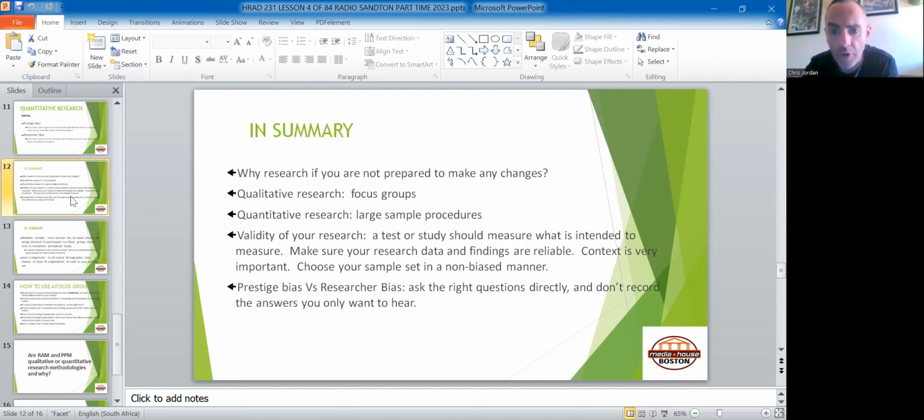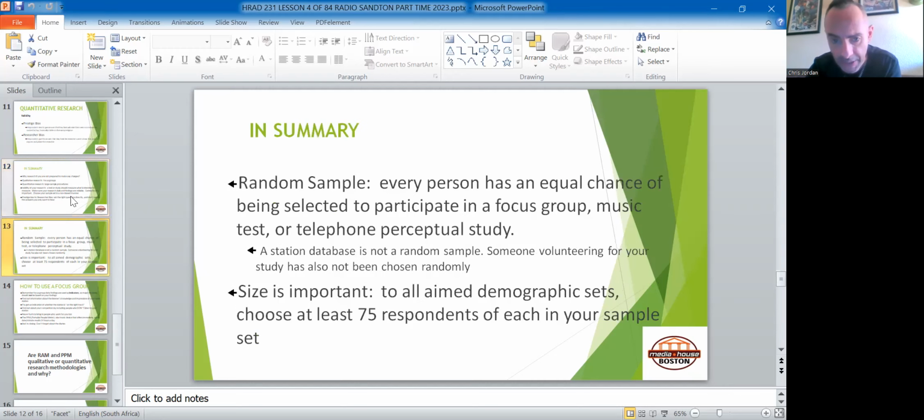Validity for your research: a test study should measure what is intended, the intention of what you originally set out to do. Make sure that research data and findings are reliable, and context is super important. And remember, ask the right questions directly to avoid any bias in your results.